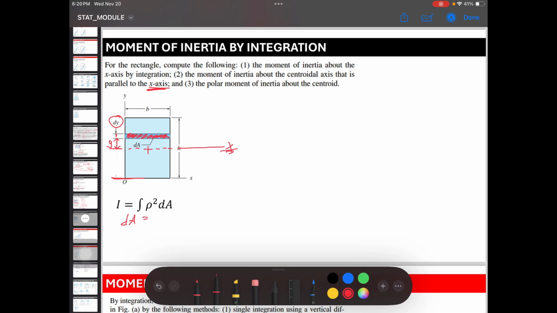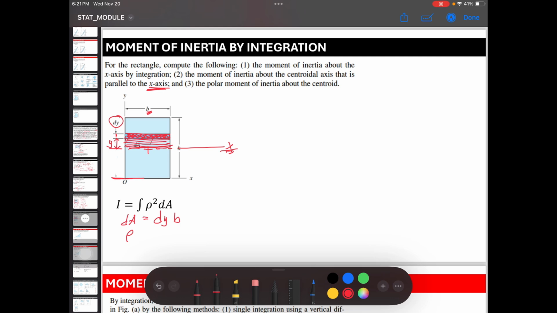So, buuin na natin si dA. dA natin is still yung thickness times yung length na b. b is constant, so it will stay as b. Then, next, si rho. Ano ang rho natin? It is still y, kasi yung differential element, ini-evaluate natin kada ganyan.